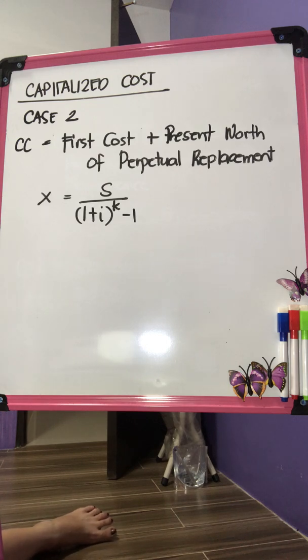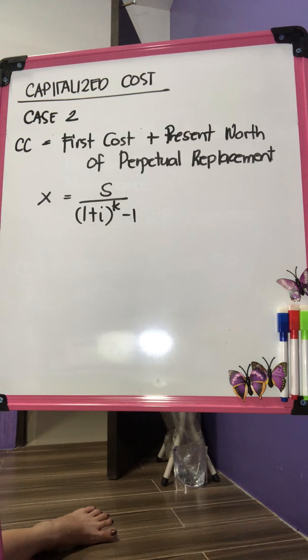Okay, so let's give an example. A new boiler was installed by a textile plant at a cost of 300,000 pesos, and projected to have a useful life of 15 years. So, meaning, mag-work lang siya nang pinaka-effective hanggang 15 years lang.